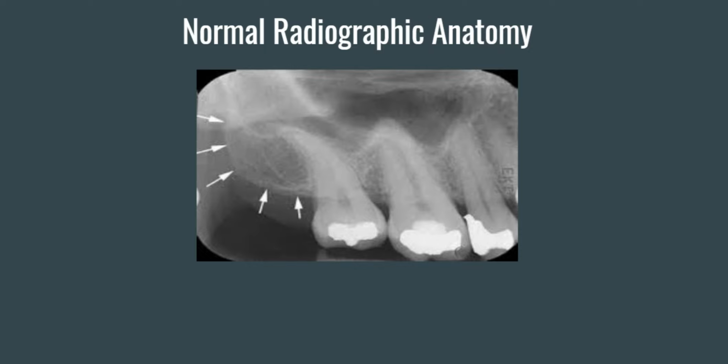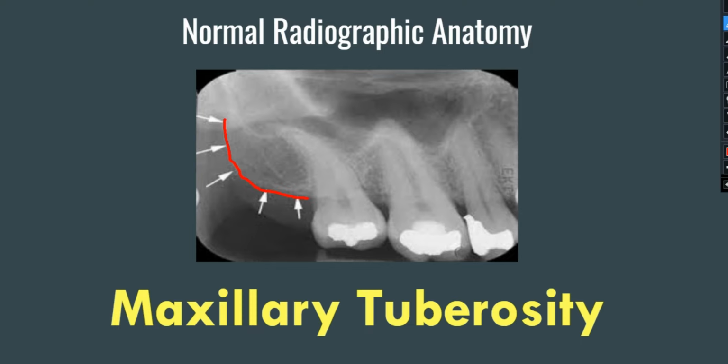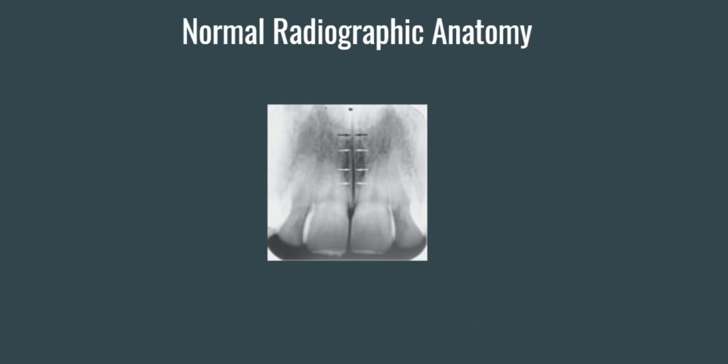The next one we are looking at is this projection that comes down here like this. And that is your maxillary tuberosity. Here, where the arrows are pointing, I'm going to trace over this thin radiolucent line.